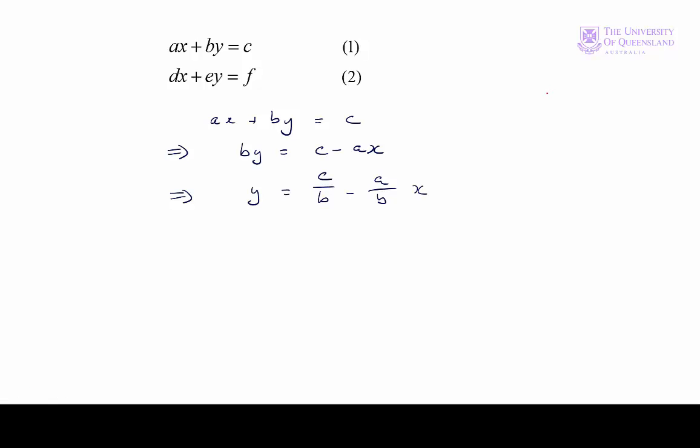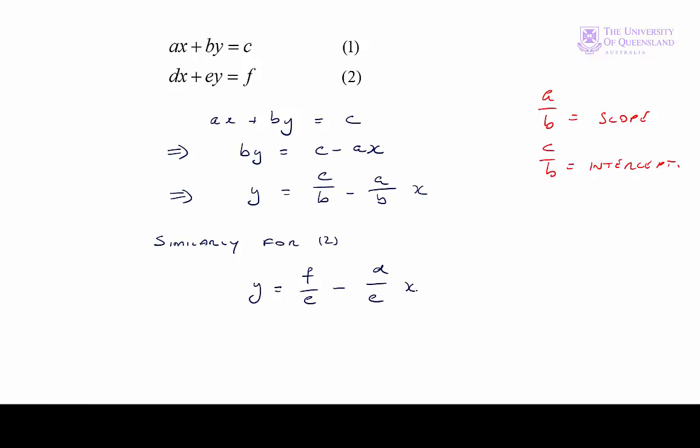So we see that a on b is equal to the slope, and c on b is the intercept. Similarly for 2, y is equal to f divided by e minus d divided by e times x. Again, we have the intercept and the slope.